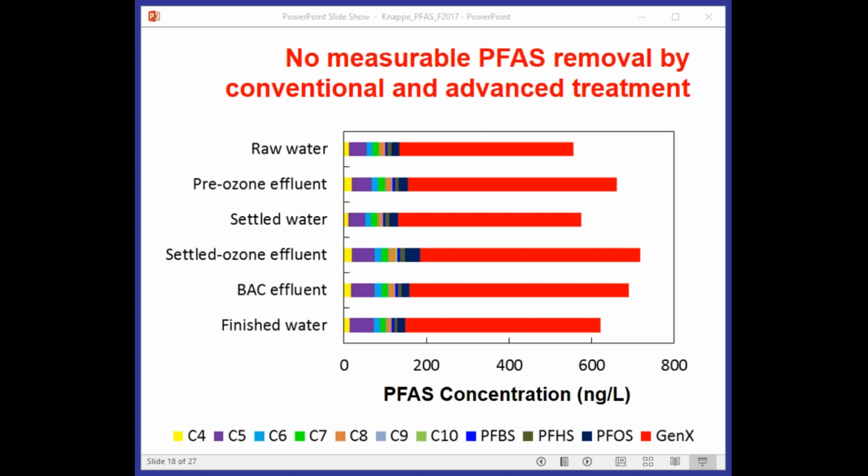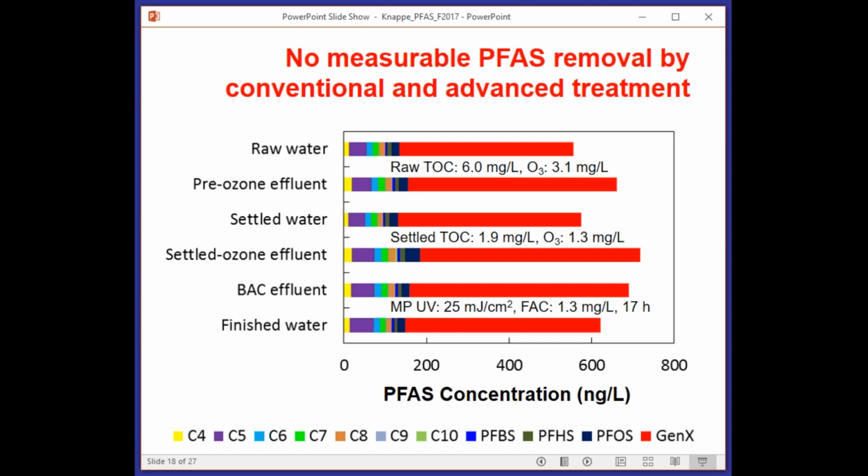I think you need to hit the arrow a few times. I embedded in here the treatment conditions, so you can see the total organic carbon and ozone concentrations, and if you hit the arrow one more time, the medium pressure UV dose and the free available chlorine concentration and contact time.